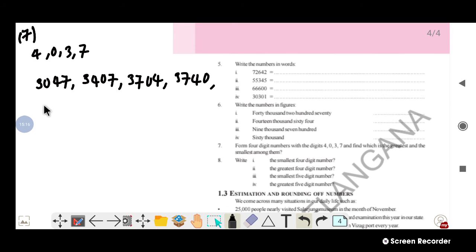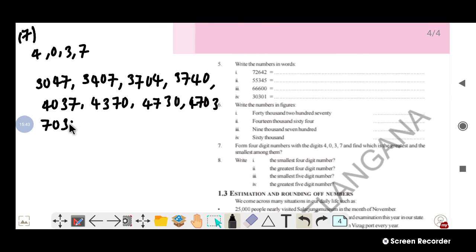Next one down, I'll write it, 4037, 4370. Next one 4730. Next 4703. Next one 7034. Next one, last one is 7430.